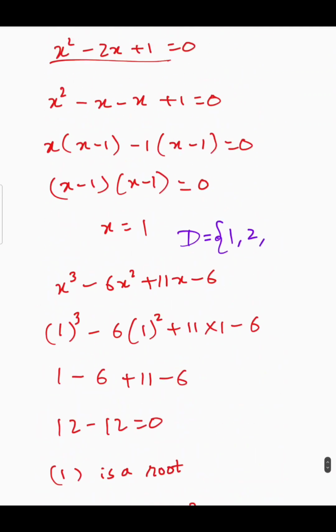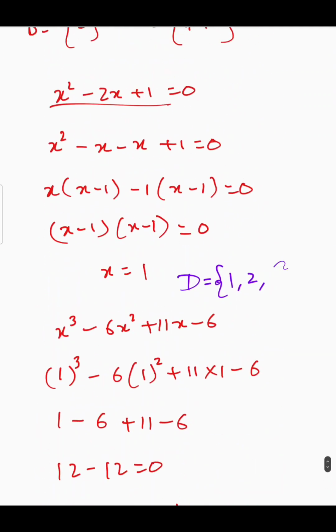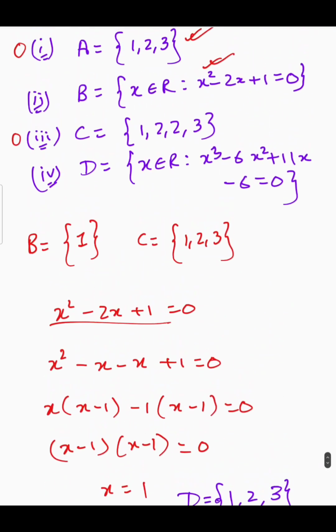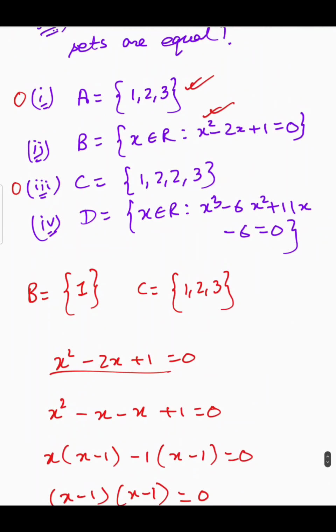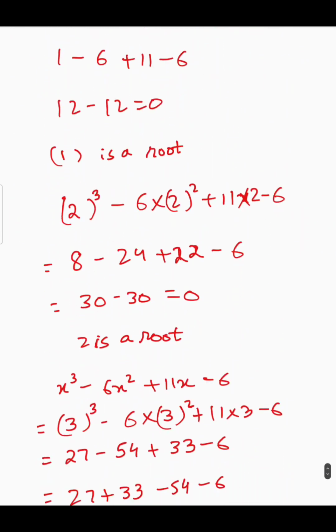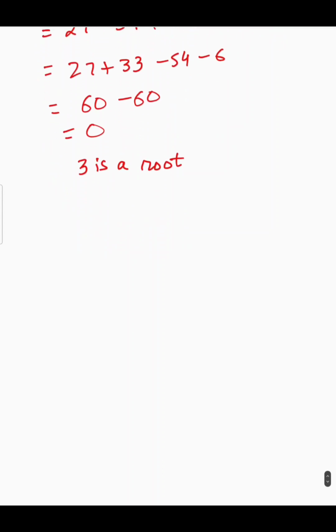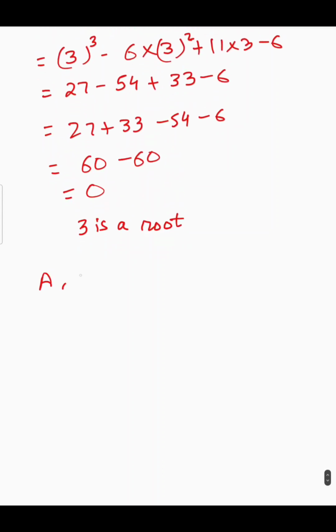So D also has 3. So D is 1, 2, 3 and A is also 1, 2, 3. Therefore A, C and D are equal sets.